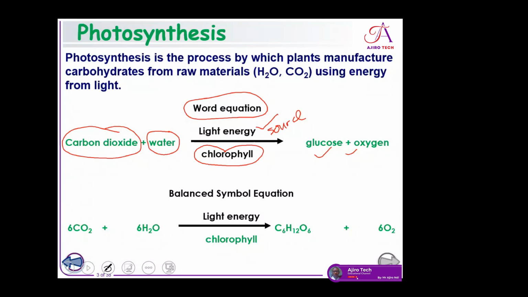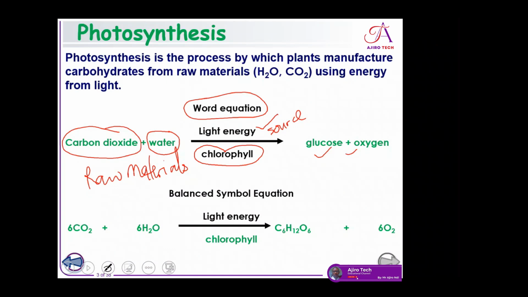So what are the things to take note of here? If you're asked to mention the raw materials, carbon dioxide and water are the raw materials. The two products, of course, are glucose and oxygen. All right.